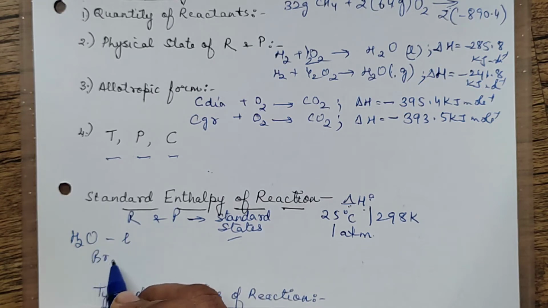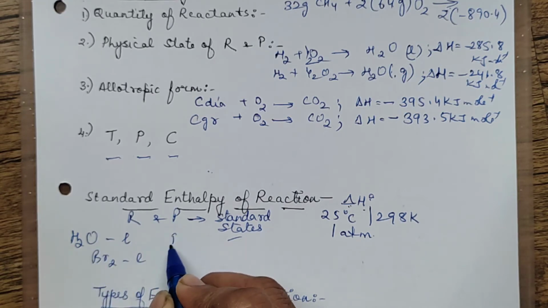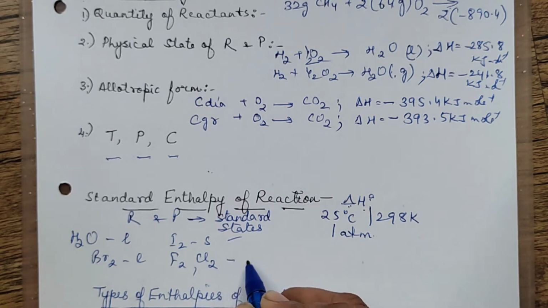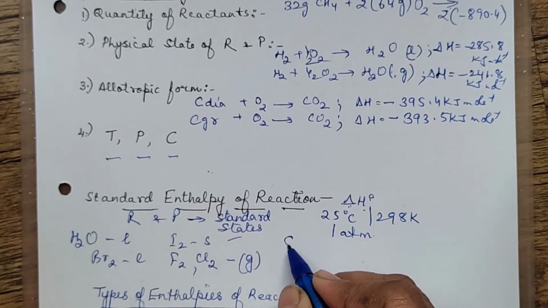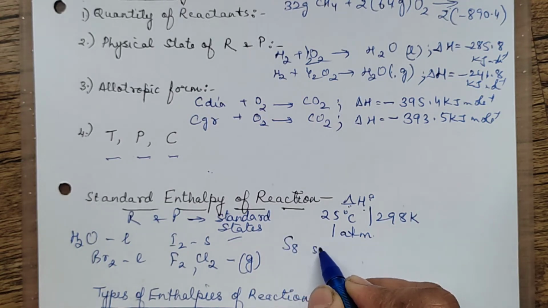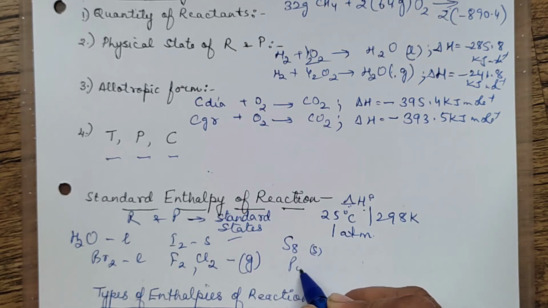Bromine is liquid, iodine is solid. Then you have chlorine, these are gases. For sulfur S8, the standard state is solid. You have phosphorus P4, that is also solid. So the standard states are these.